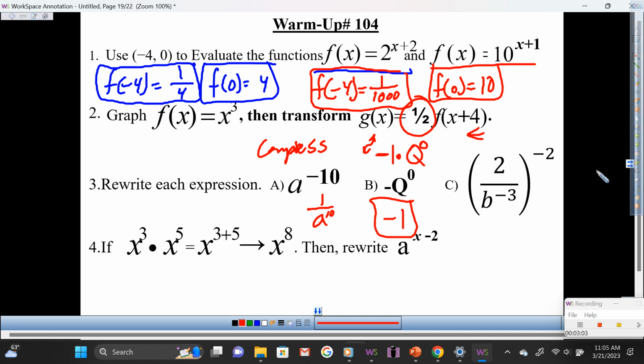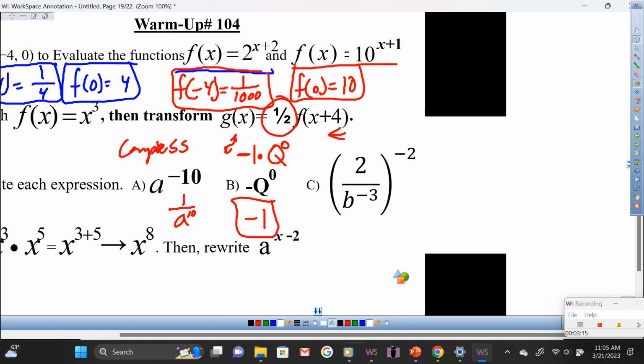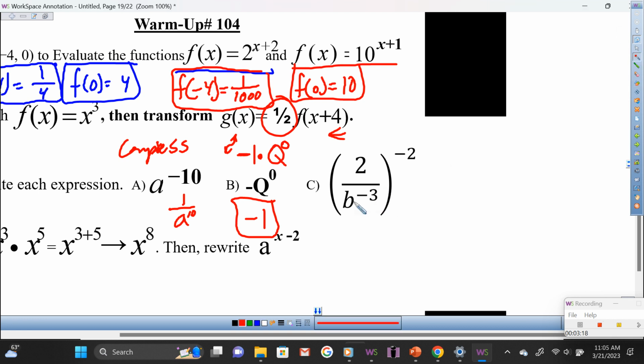And C. I'm going to go over C just so that you can see. See what I did there? All right, here we go. I put an exponent of 1 here on the 2. Distribute the -2 there, and the -2 to the other exponents.